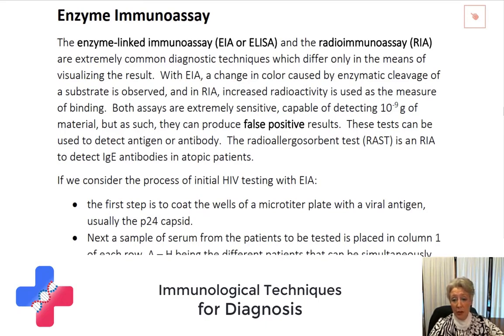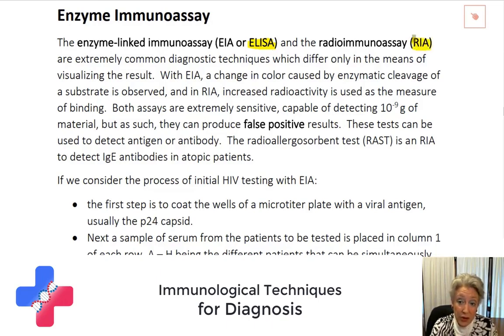Next, one of the most common immunologic assays that is used in medicine is the EIA, also known as the ELISA, which stands for Enzyme-Linked Immunosorbent Assay. And really, this is exactly the same test as the RIA, or radioimmunoassay.